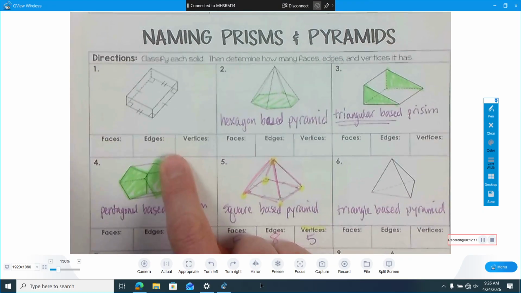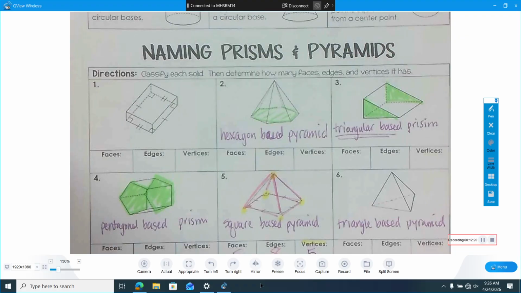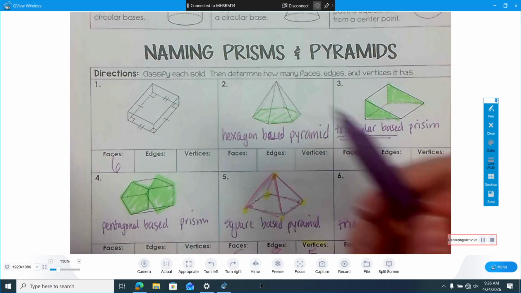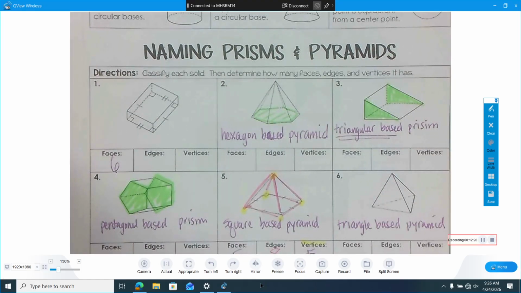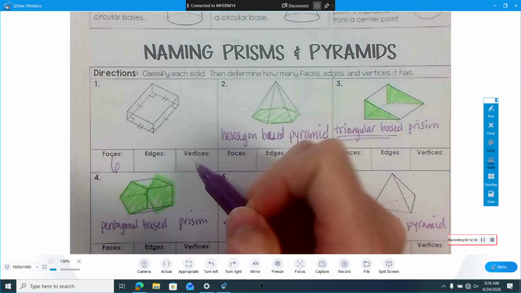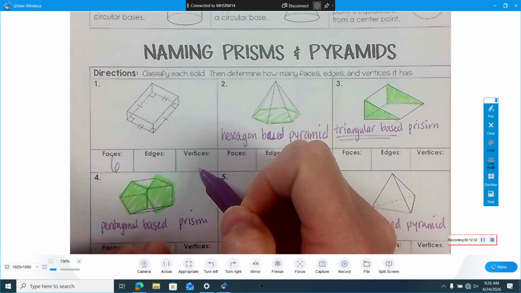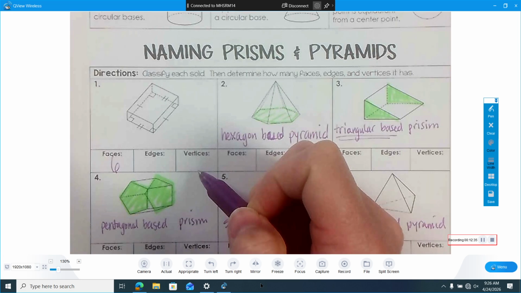Let's look at number 1 here. This is a rectangular prism. How many faces does it have? 6 faces. Good. Again, there's a top and a bottom and 4 sides. So 6 faces. How many vertices does it have? 8.